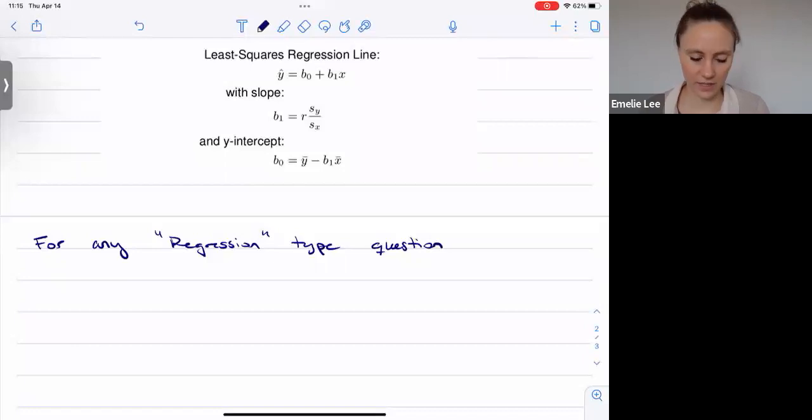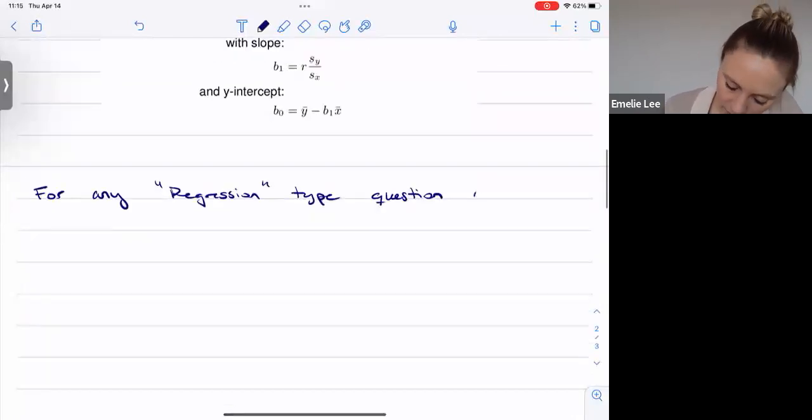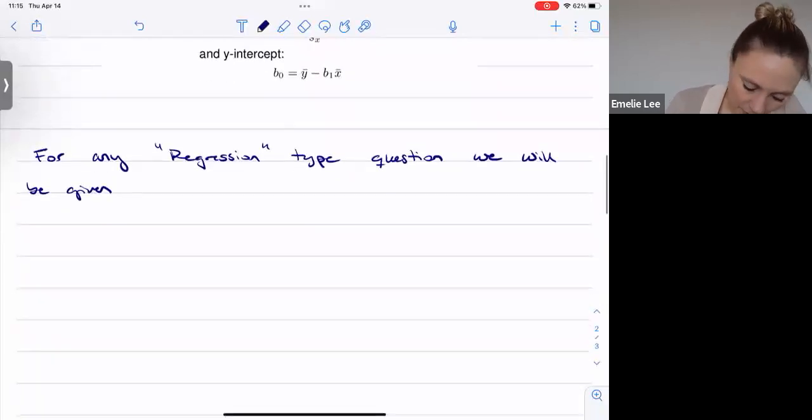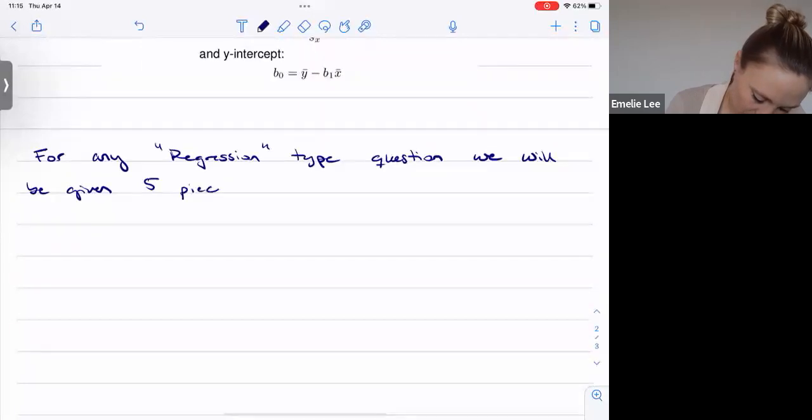I give you the covariance, maybe I didn't. That's okay, we don't need it. For any regression type question, we will be given 5 pieces of information.